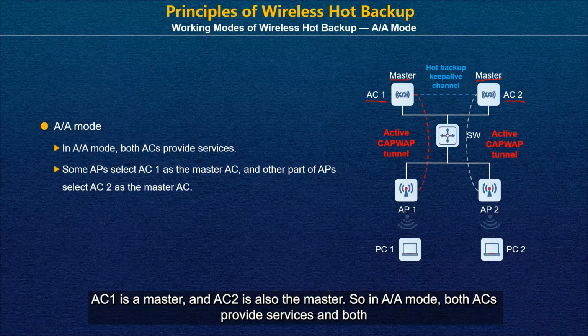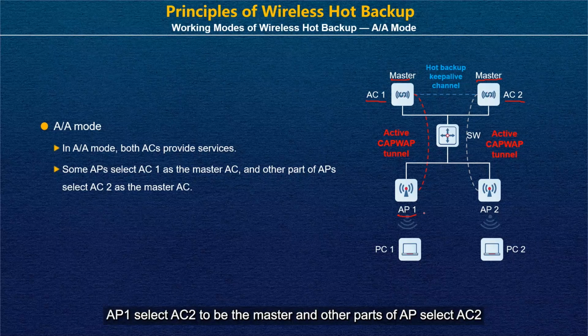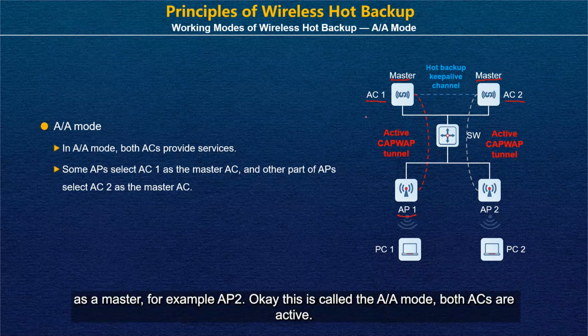So in the AA mode, both ACs provide services and both of them are masters. Some APs select AC1 as the master AC, for example in this figure AP1 selects AC1 to be the master. Other APs select AC2 as the master, for example AP2. This is called the AA mode.